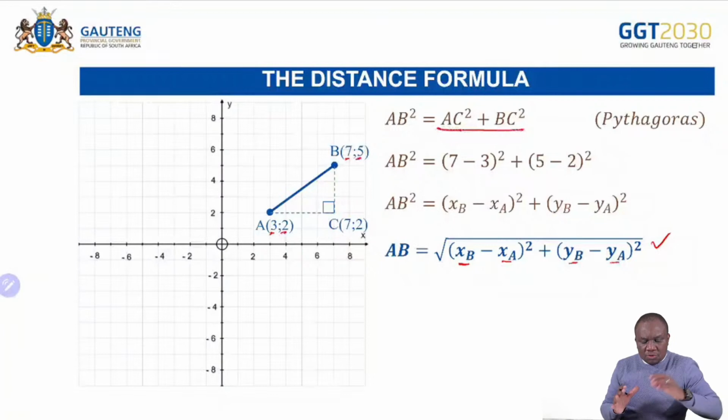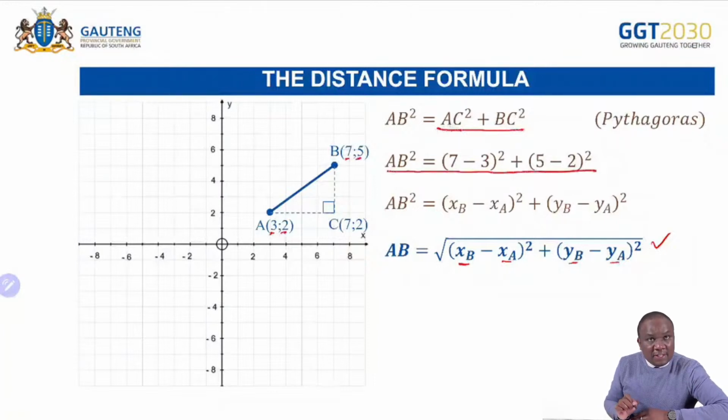Okay? Right. So I want us to link the distance formula and the Pythagoras theorem, because the distance formula comes from the Pythagoras theorem. Now, AC, if you check, AC will be 7 minus 3. So the x coordinate of C is just the same as the x coordinate of B. You see that?